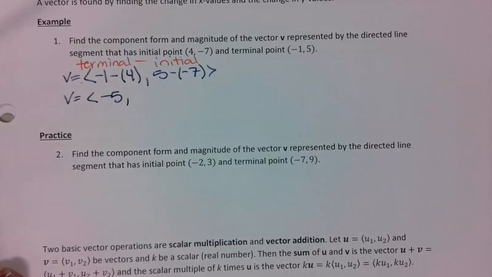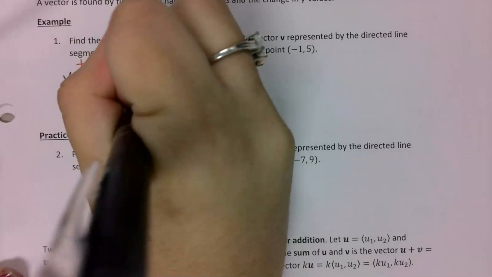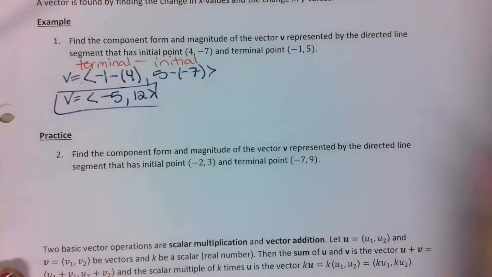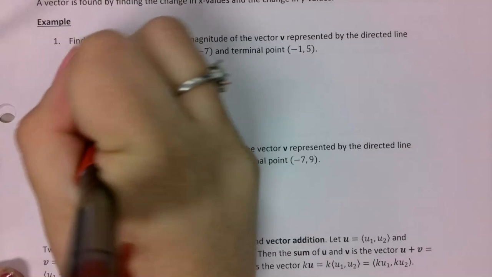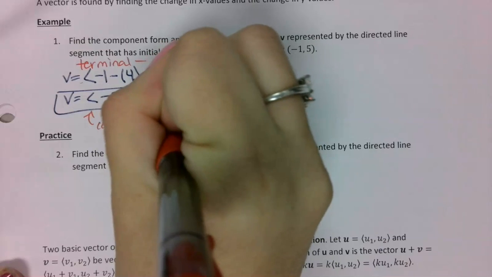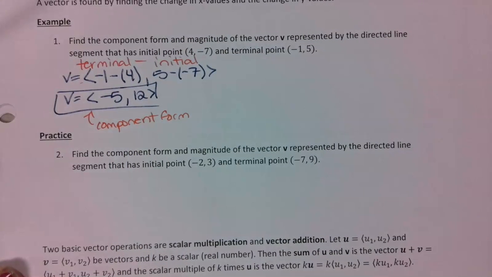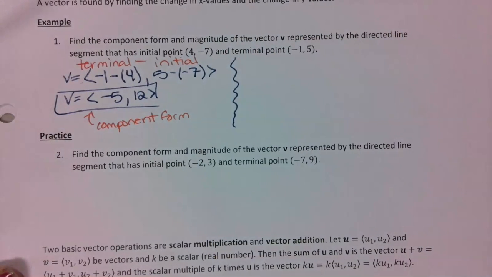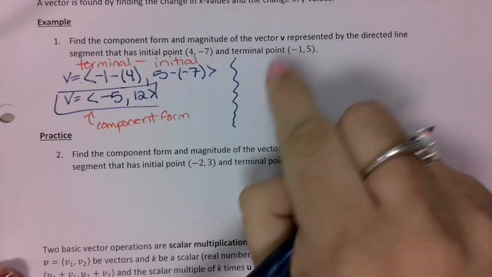Negative 5, and then my y value? 12. Okay, so this is my vector, and this is in component form. You always do your terminal minus your initial.